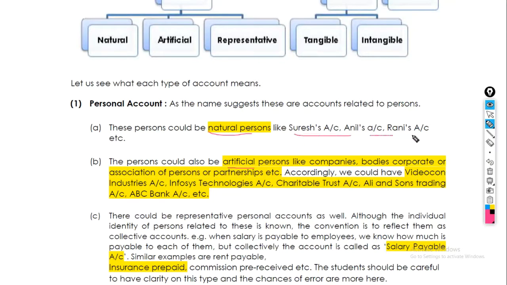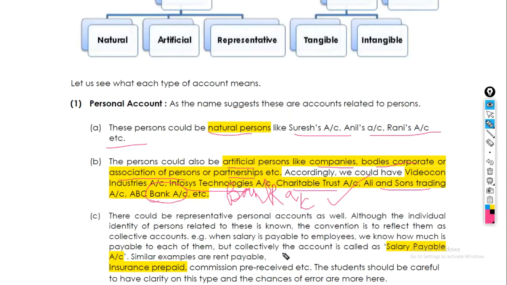Natural persons like Donald Trump, Jeff Bezos, Mark Zuckerberg, or any artificial person, like a company, body corporate, association of persons, partnership, Infosys Technology, charitable trust, Allianz Sons Trading Company, any bank. All the banking transactions will be regulated as per the personal accounting rules. This is a must-learn thing.